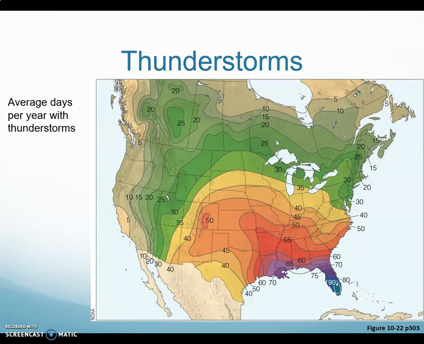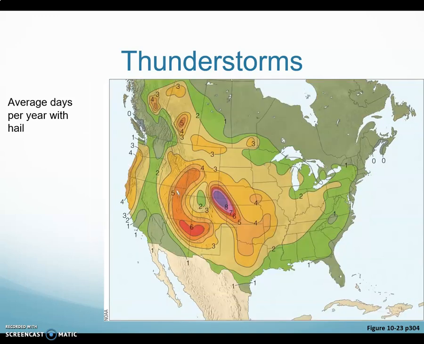In the Great Plains, where we were looking at earlier, really not as many. It's fewer thunderstorms. But now on the next slide, I'm going to show you the average number of days per year where you get hail. Notice here in Florida, on average, we get less than 1 day a year.